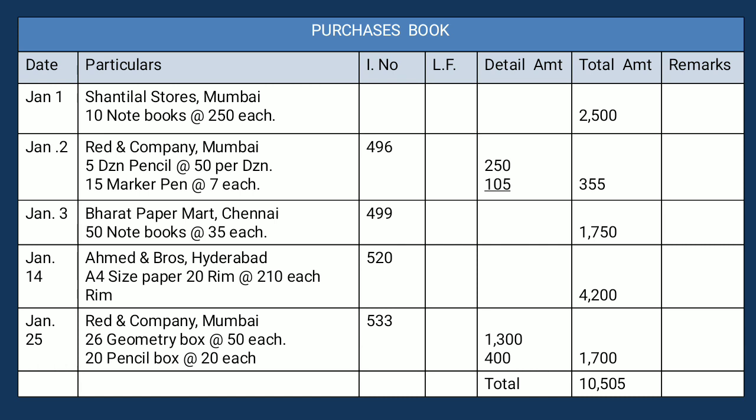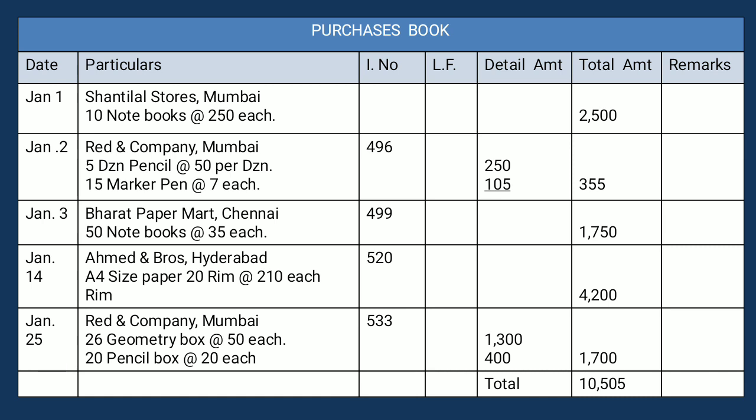In the column of particulars, first we write the name of the party from whom we purchased goods, that is Shantilal Stores, and mention their city, Mumbai. Then what we purchased: 10 notebooks at 250 each. Only one item, with no discount or any other information. So 10 notebooks at the rate of 250, the total is 2500, and we transfer that amount directly into the amount column.